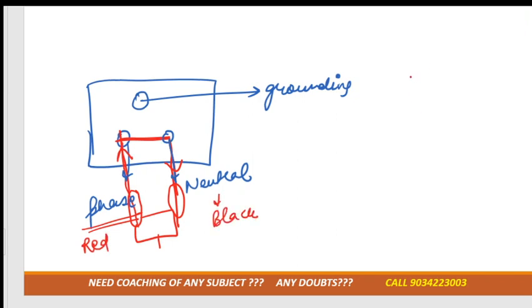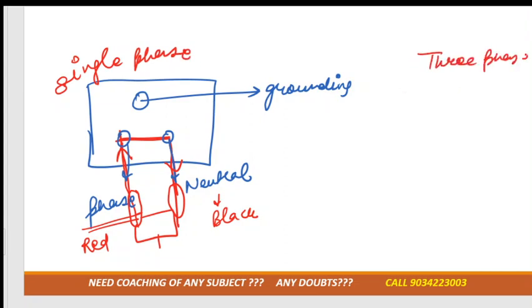But where we are using three phase, this I told you for the single phase we are using at our home. But now the question is where we are using three phase supply. Three phase supply we use at industry because we are running three phase load, three phase motor which require three wires you can say.